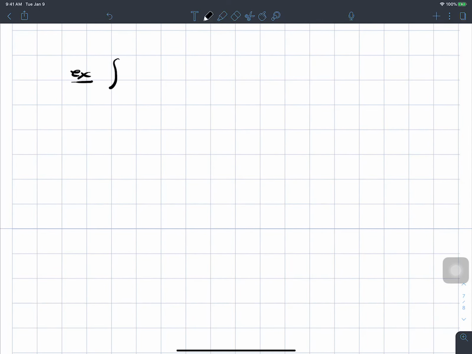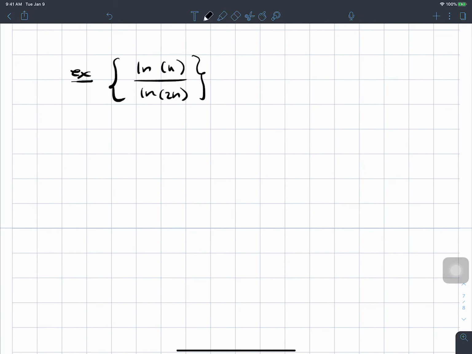Example. Natural log of n over natural log 2n. Okay, here's another nice example.